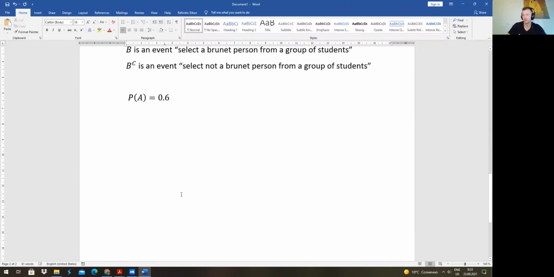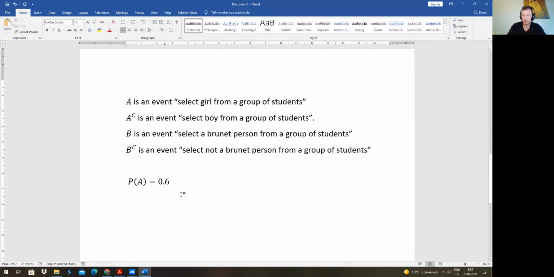Let me show this in words, and then we will write this formally. We know that, let's say, 70% of girls are brunette. I'm taking some arbitrary numbers, so it doesn't mean that this is true. And we know that, let's say, 40% of boys are also brunette.